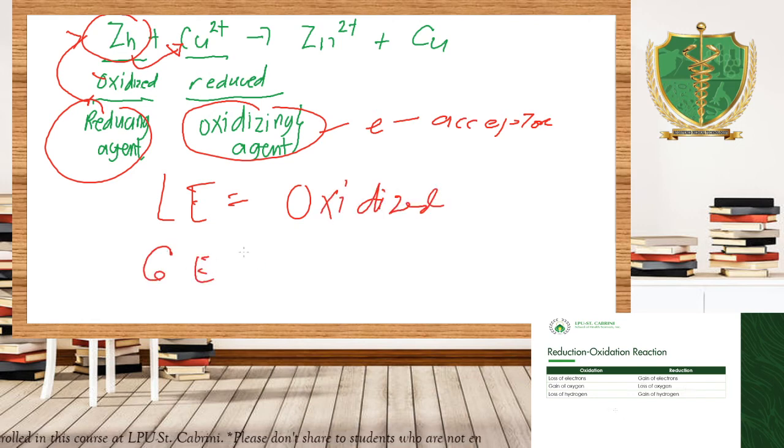Gain of electrons, reduced. In other words, the oxidized species is known to be your reducing agent.